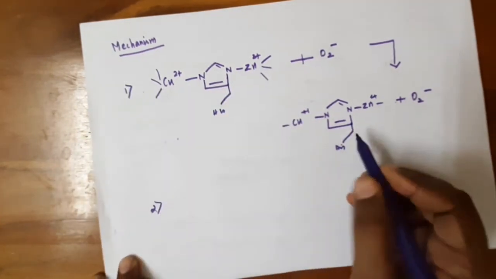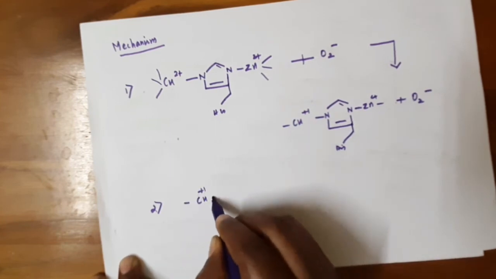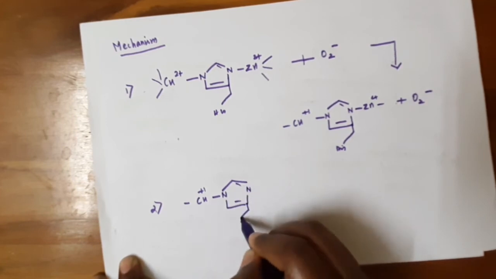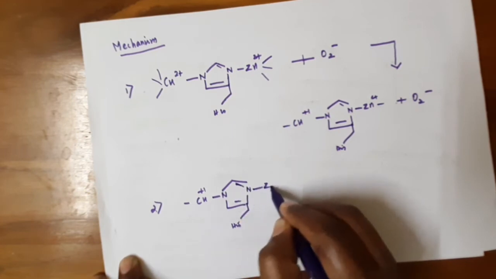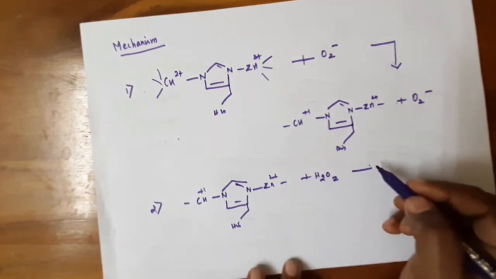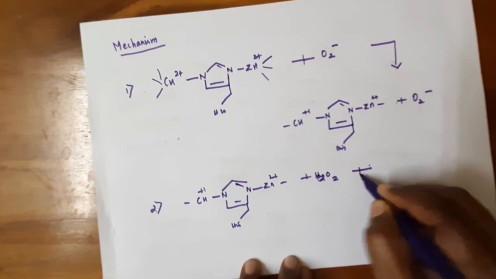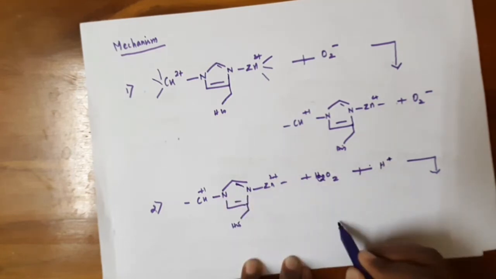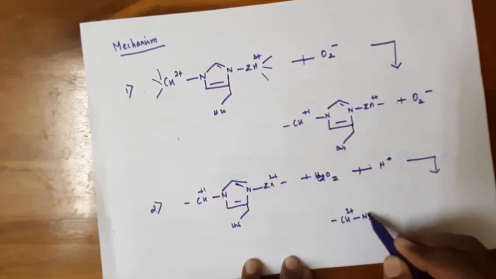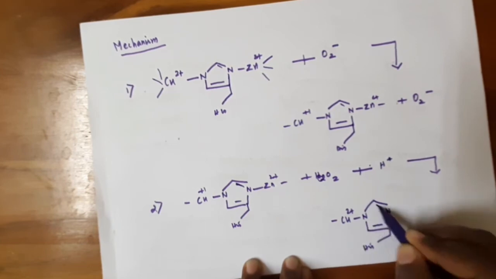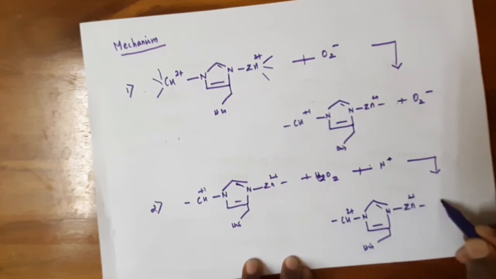In the second step, the copper plus 1 reacts with the superoxide radical and hydrogen, which gives again copper 2 plus along with hydrogen peroxide.